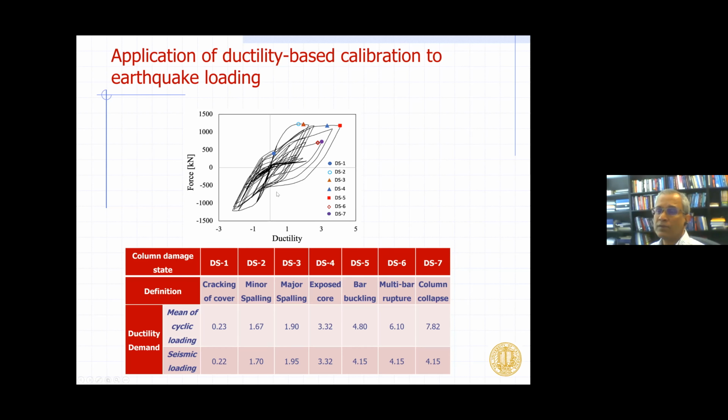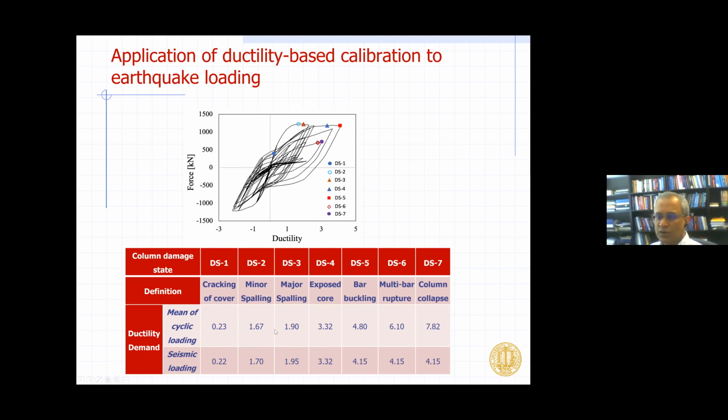However, with additional loading, you have damage states 6 and 7 because of things like low cycle fatigue and crushing of the core happening at lower ductilities in future cycles. So by using a ductility-based model, we were just not able to capture these extreme damage states. And I show you some of these results here.